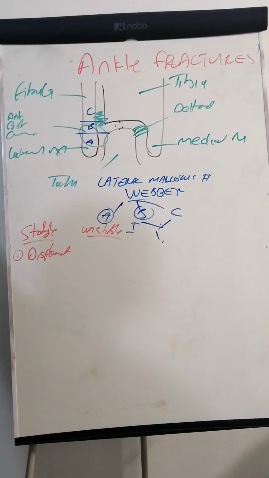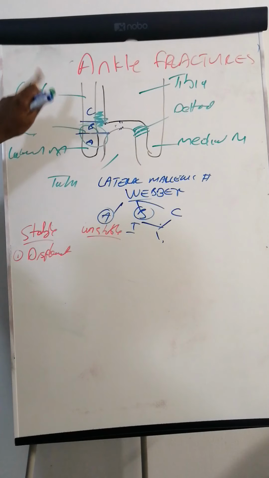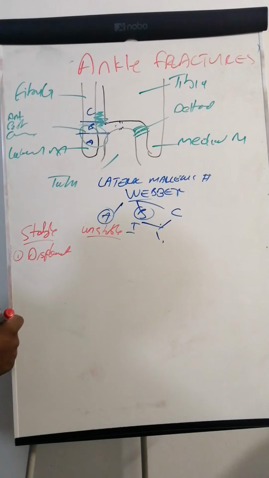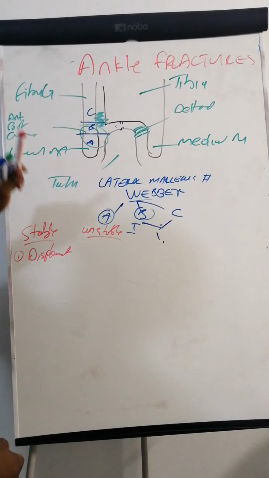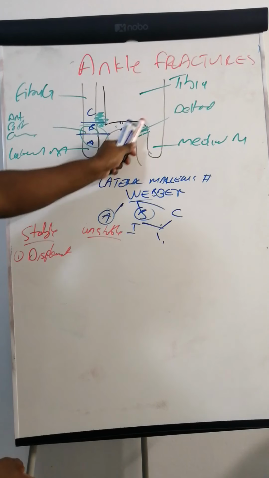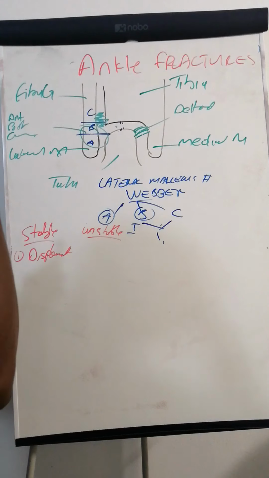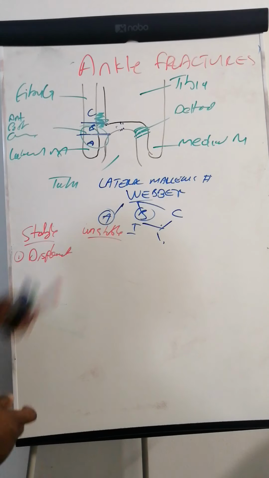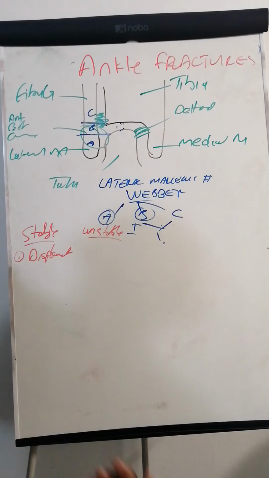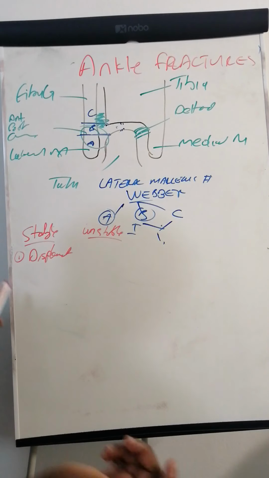Remember, the fractures that form part of the Weber classification are your lateral malleolar fractures. Weber does not say anything about fractures around here, like your medial malleolar fracture. It doesn't even say anything about where you've got a fracture of more than one bone.